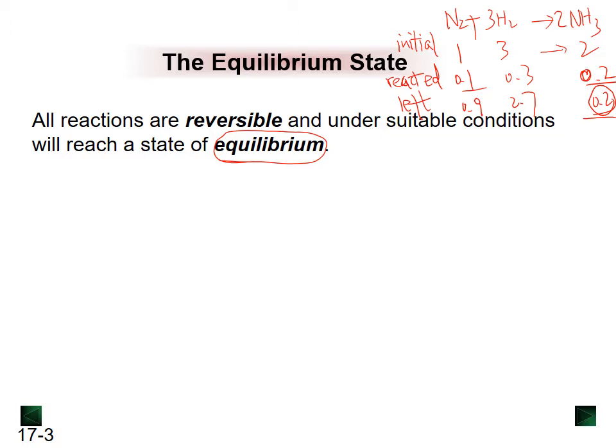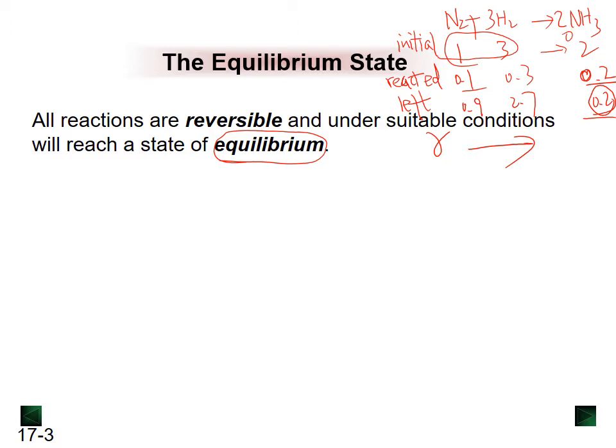At the beginning, you only have reactants, nitrogen and hydrogen, and there's no ammonia, so the forward reaction has a high reaction rate, because reaction rate is determined by concentration.